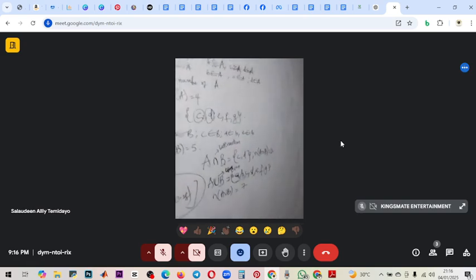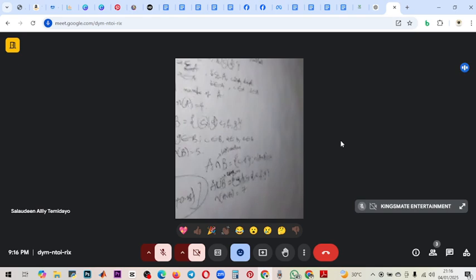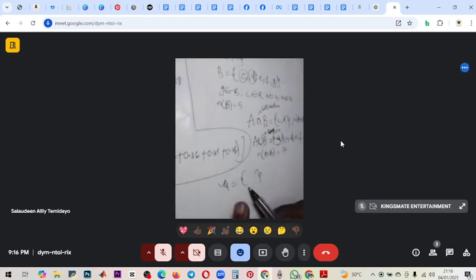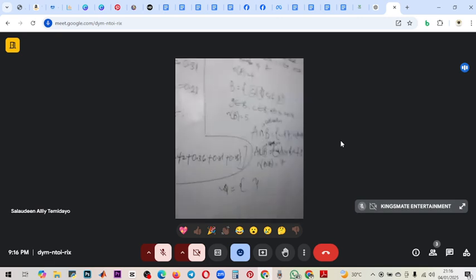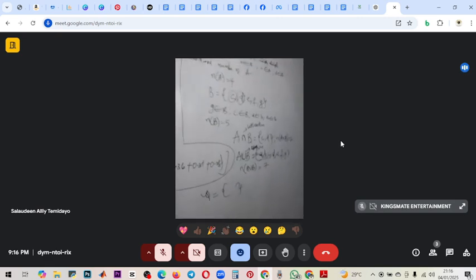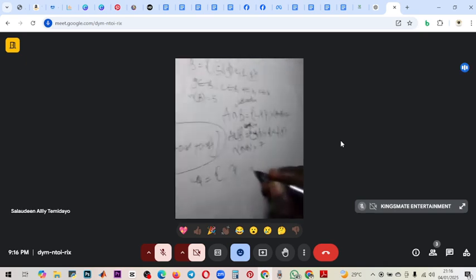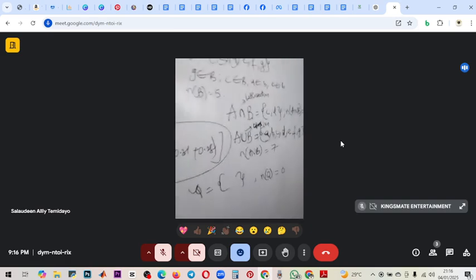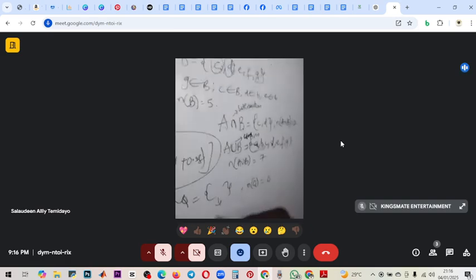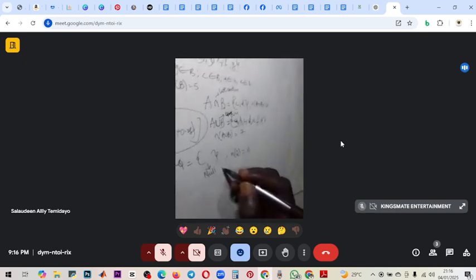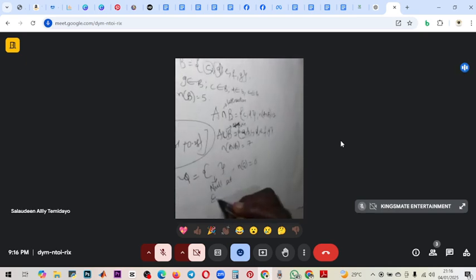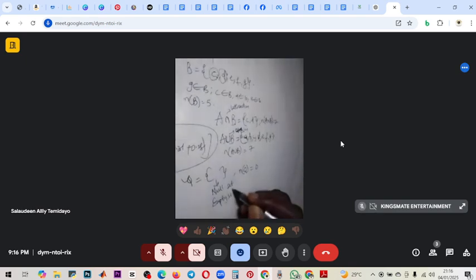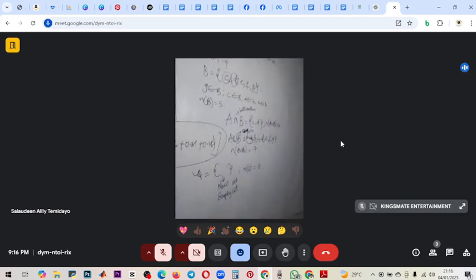Now there is a type of set. This is a set Q that has the curly brackets, but no element is in there. That means the number of elements in set Q is 0. A type of set that does not have any element at all is known as a null set or an empty set, because it doesn't have any element in it.